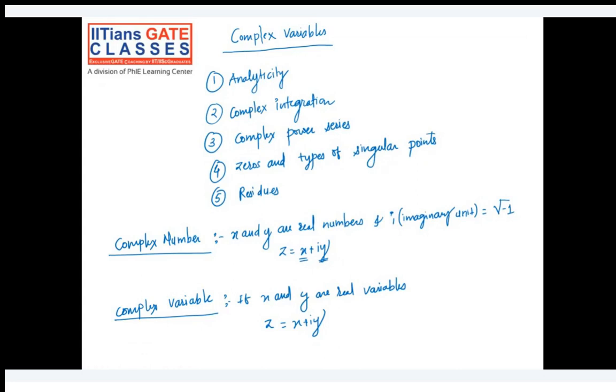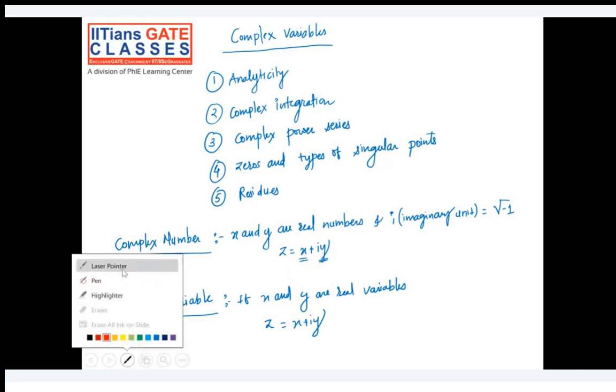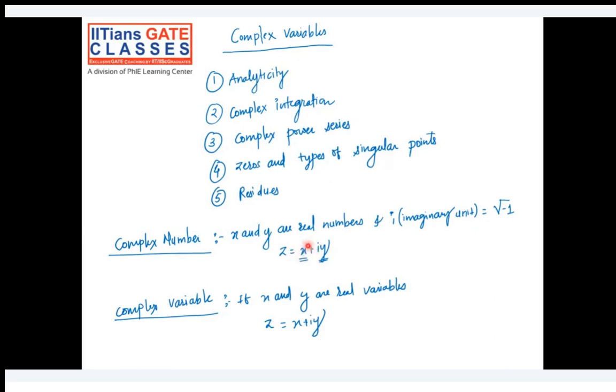If you replace these x and y, which are constants, with variables, so now x and y are real variables, but the i term is there. Then we know that i is an imaginary unit, which is under root of -1. Hence, the resultant variable will be a complex variable. So x plus iy is a complex variable when x and y are real variables. Okay, clear?